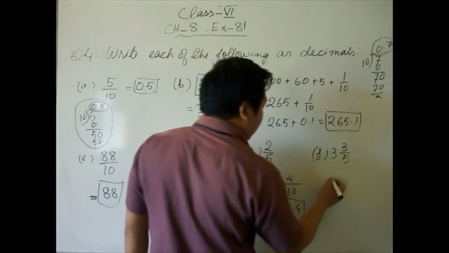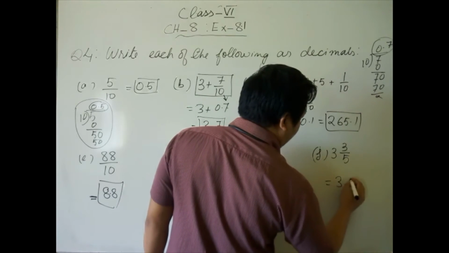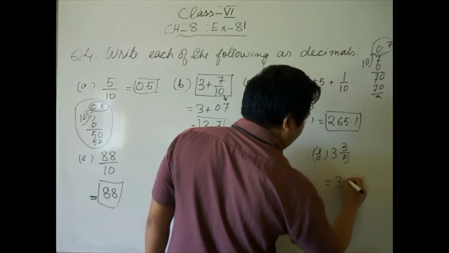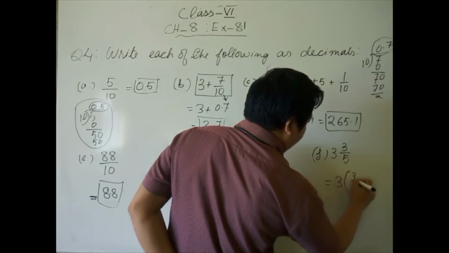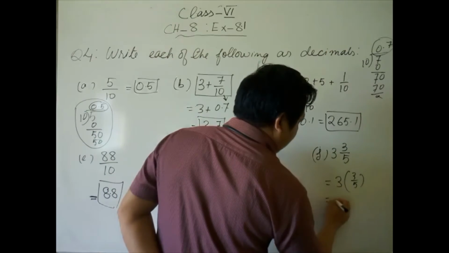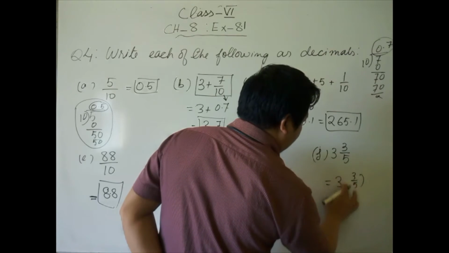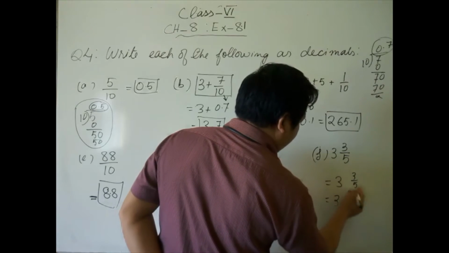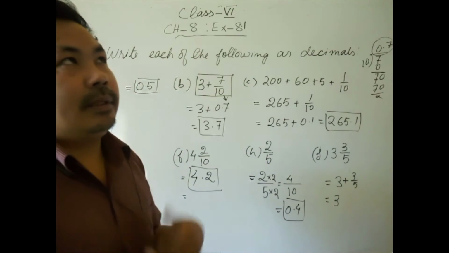Then now, here you see 3 and 3 by 5. Let us keep this 3 by 5 in the bracket for some time. Now, next, if we put 3 in the bracket, it becomes a plus, multiply here, so it will be wrong. If you put the bracket, then the meaning will be different.